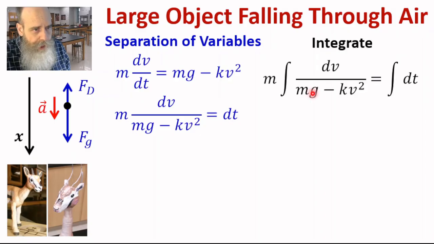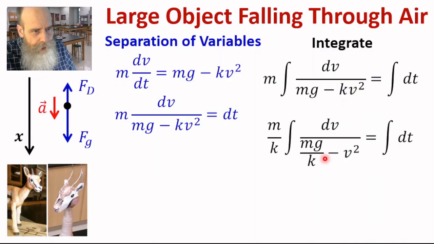Here's what we get, taking the m out of the integral since m is constant. Now, before, when we had viscous drag, this was just a v here, not v squared. And then we could use a u substitution, and ln u was the answer. But now it's more complicated to solve this integral. So let's rewrite it like this.